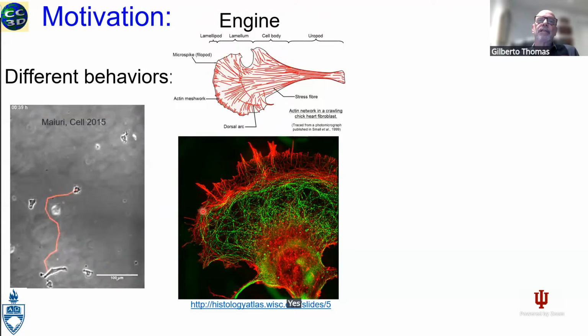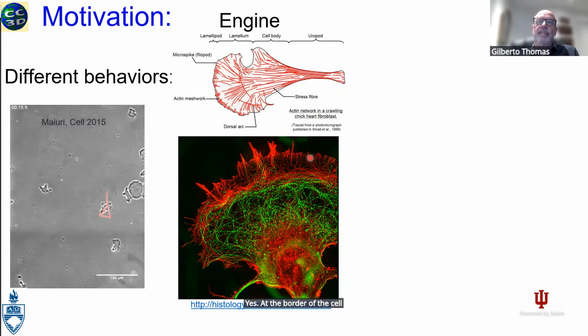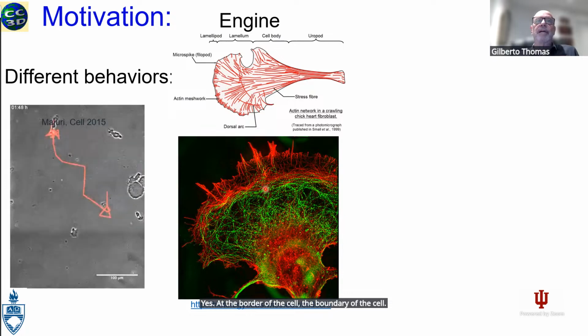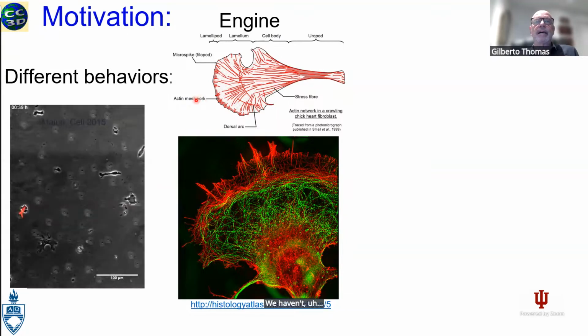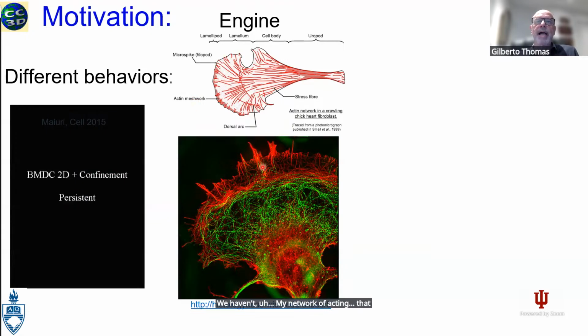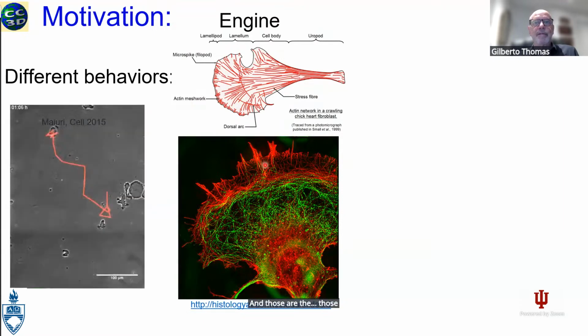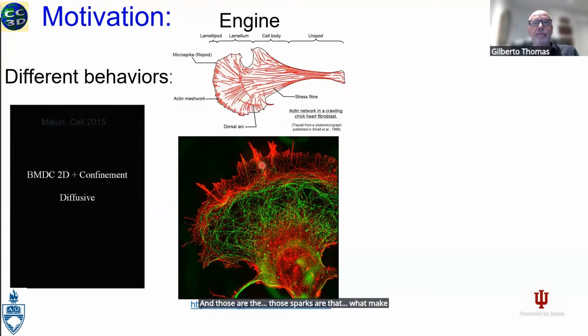At the boundary of the cell, we have a network of actin that forms spikes, and those spikes are what make the cell move.